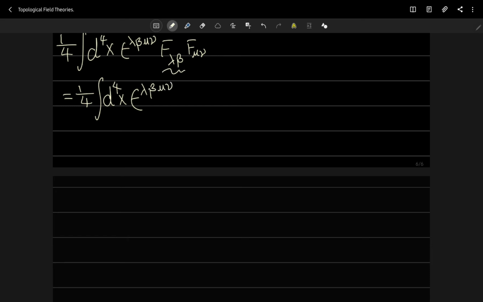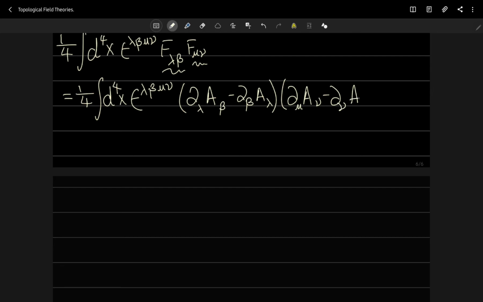And so for this, what will I have? I'll have partial lambda A beta minus partial beta A lambda, and then multiplied with this one. For this, I will have partial mu A nu minus partial nu A mu, right?